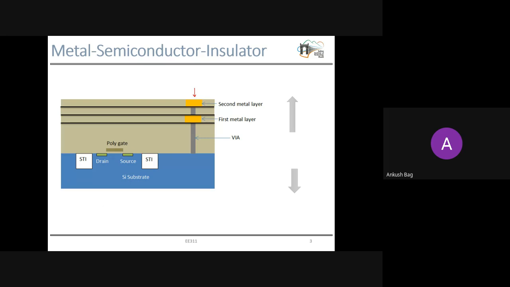So this is your MOSFET. Here you can see this is a drain, this is a source, and this is a gate, and these are the wires. This is a small part of your integrated circuit. Now if you see here, we are utilizing metal, of course.